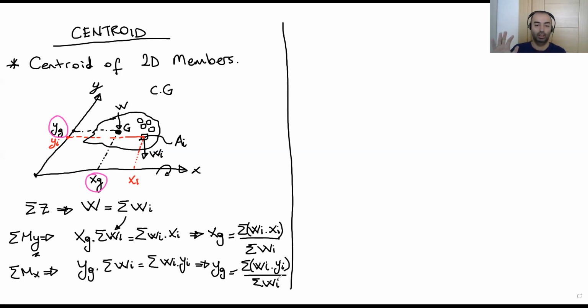So here, all the members' moments according to the axis divided by total weight give xg or yg. We will do examples in the next step. You're going to understand what we are doing here better.